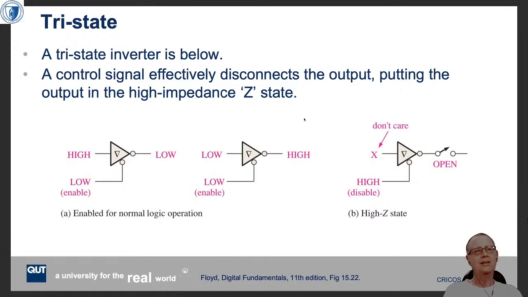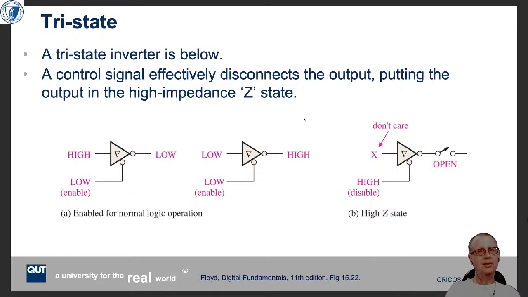Right? And effectively what that does is shown here on the 3 diagrams. The first two, the device you have is an inverter, but it's got a separate input, which is the enable input.